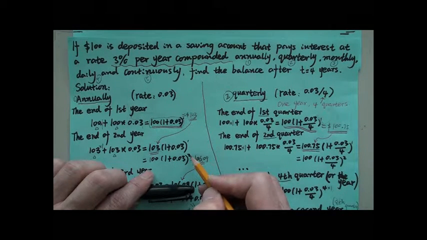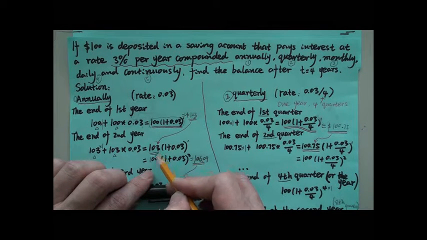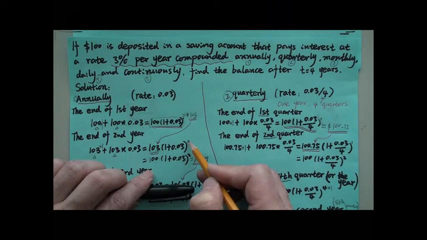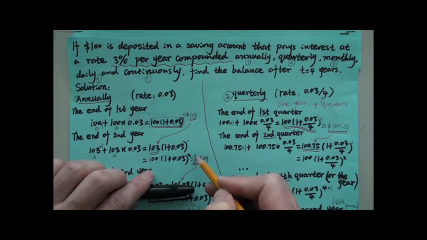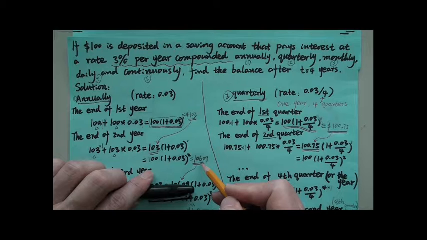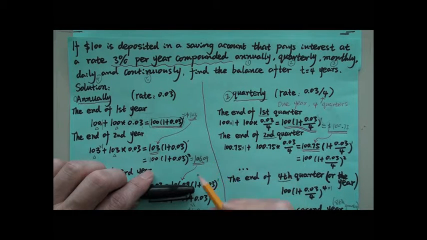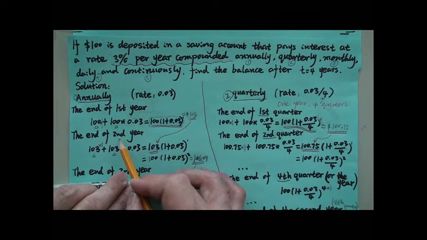Remember 103 is replaced here, and instead of 1 it is 2 now. Again you will find the final amount is $106.09, at the end of the second year.